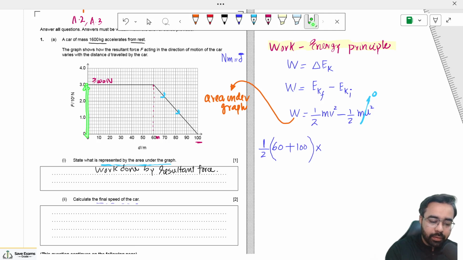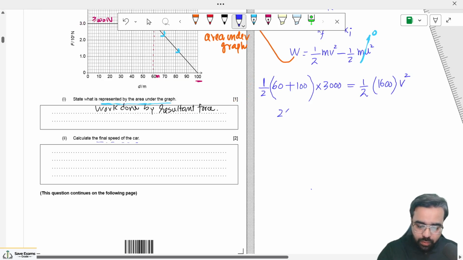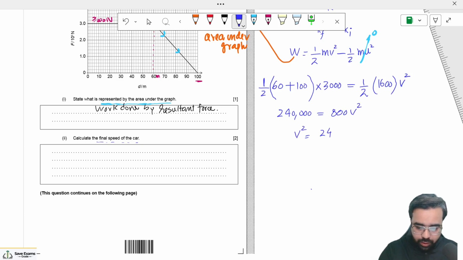So this thing, which you know is the 3000, is equal to 1 over 2 times the mass, 1600, and v squared. So if you solve it, 240,000 is equal to 800 v squared, and v squared is equal to 240,000 over 800.